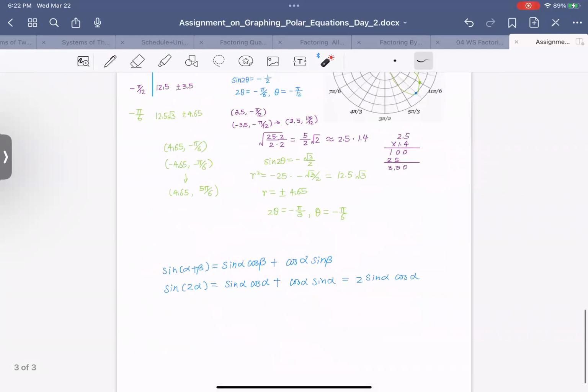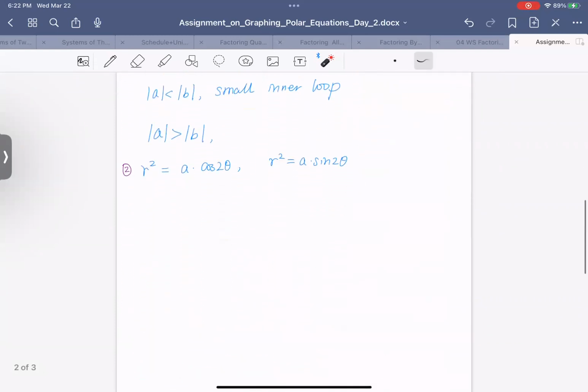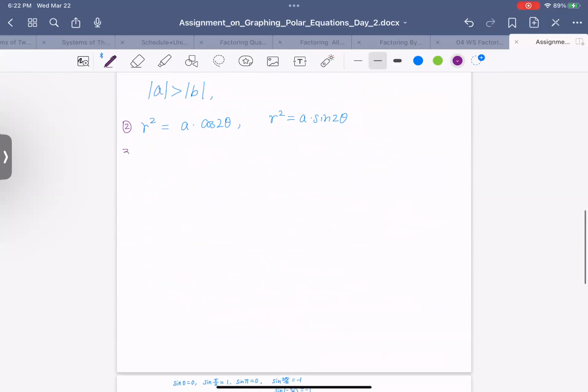And type 3 will be those rose petals. Let me see if you remember. If I have sine 3 theta, how many petals do you have? 3. Yes.